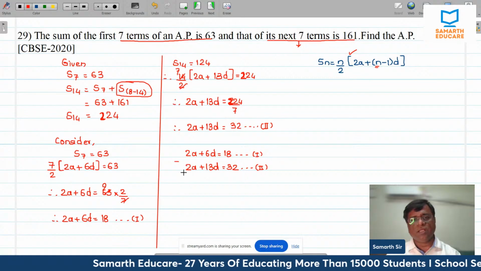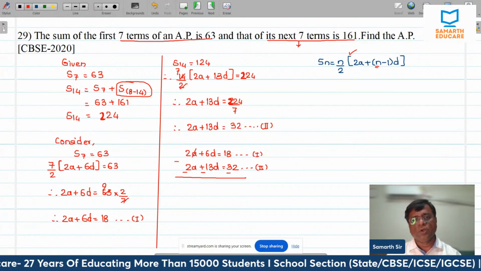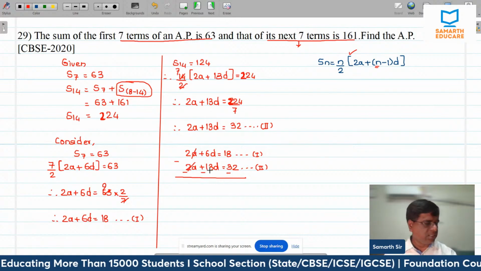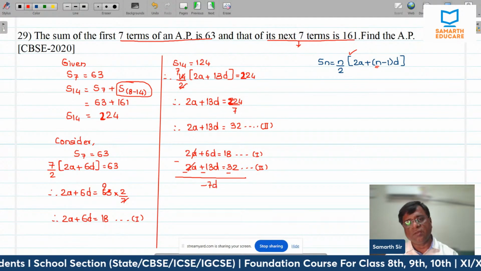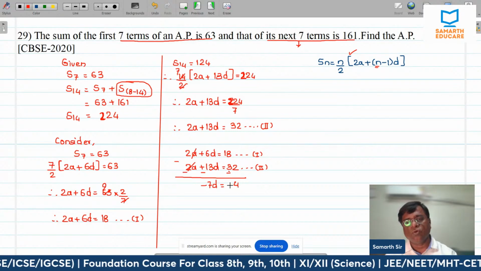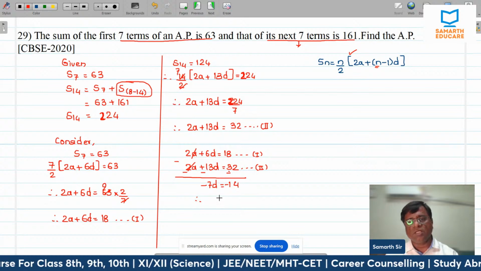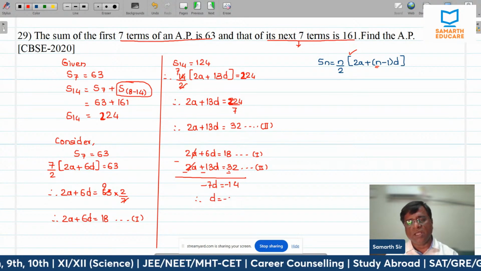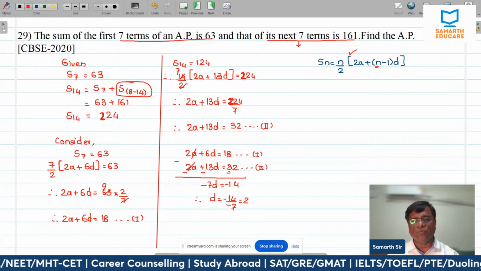If I subtract them, 2a minus 2a gets cancelled. 6 minus 13 is minus 7d. 18 minus 32 is minus 14. So the value of d is minus 14 upon minus 7, which is equal to 2.